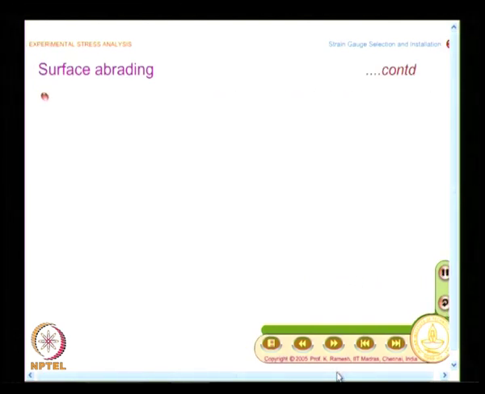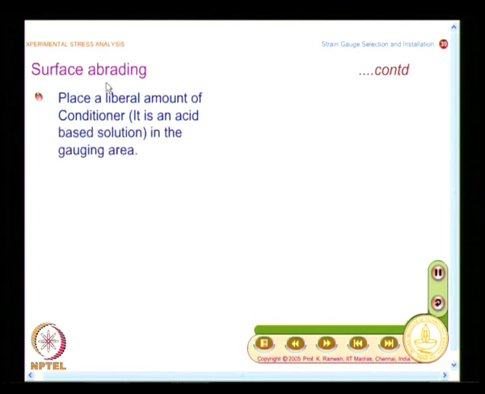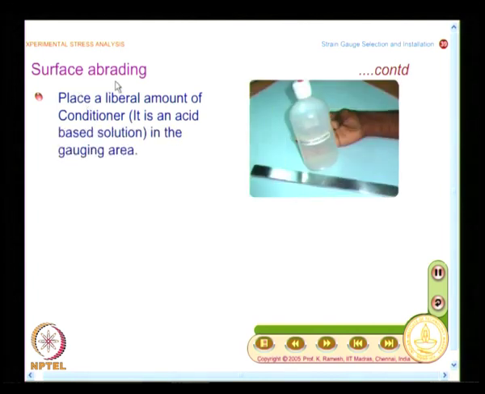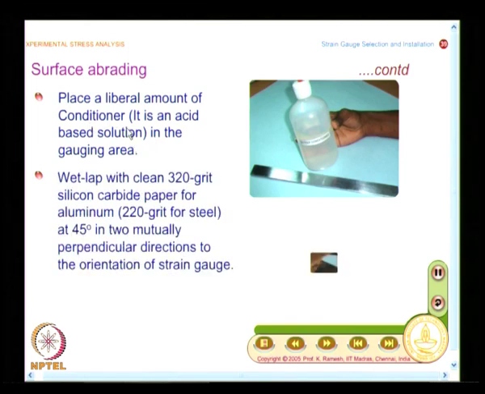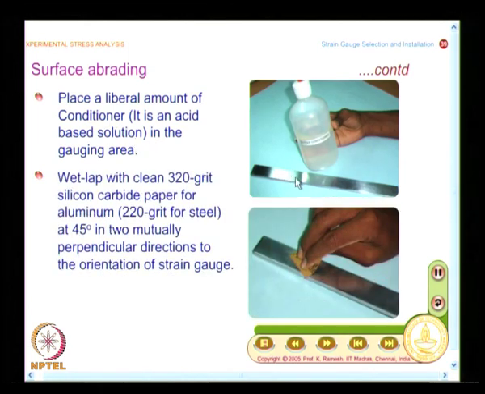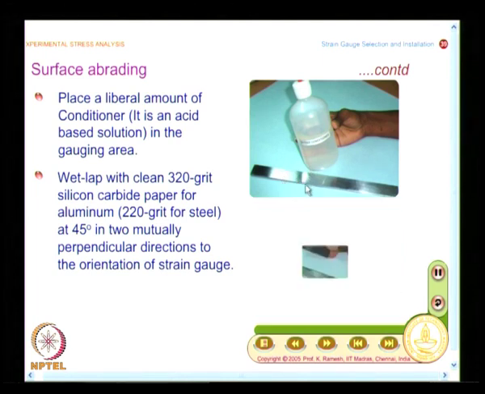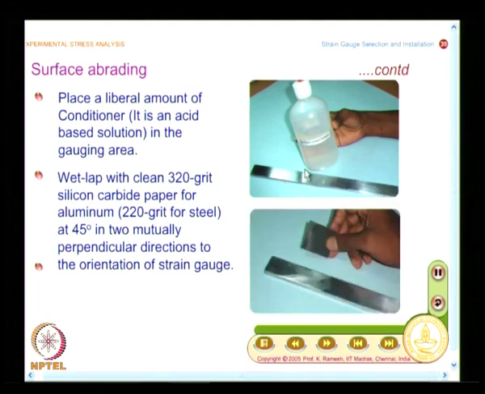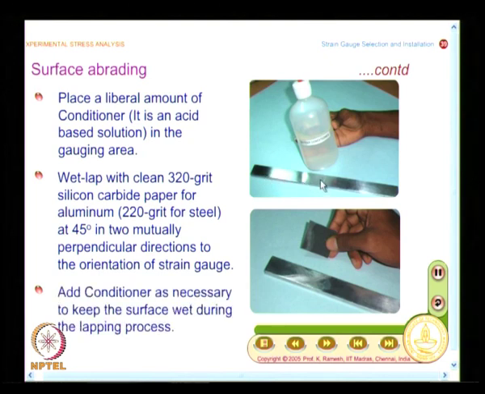The next stage is, how do I go and really do this process? You are actually doing a wet lapping. You have a conditioner, and then you need to do the wet lapping of the surface, and the specimen which I have taken is very small. I also need to have some area for me to do the rubbing action. So, if I do it, I need two orthogonal directions, because it is very thin and narrow.